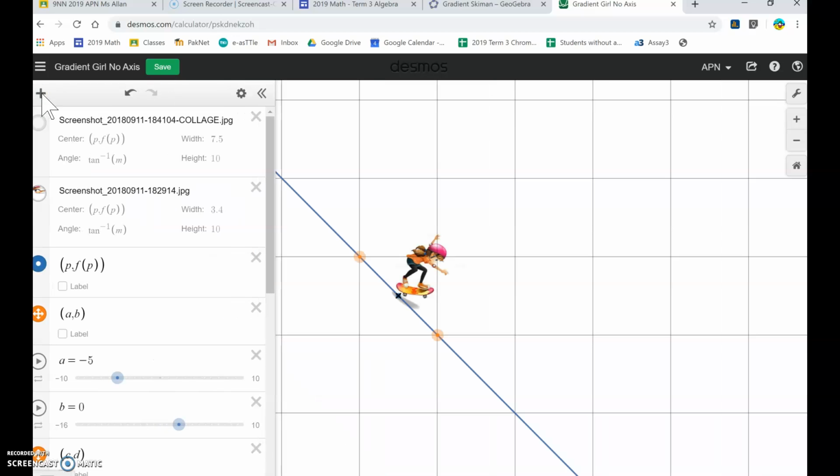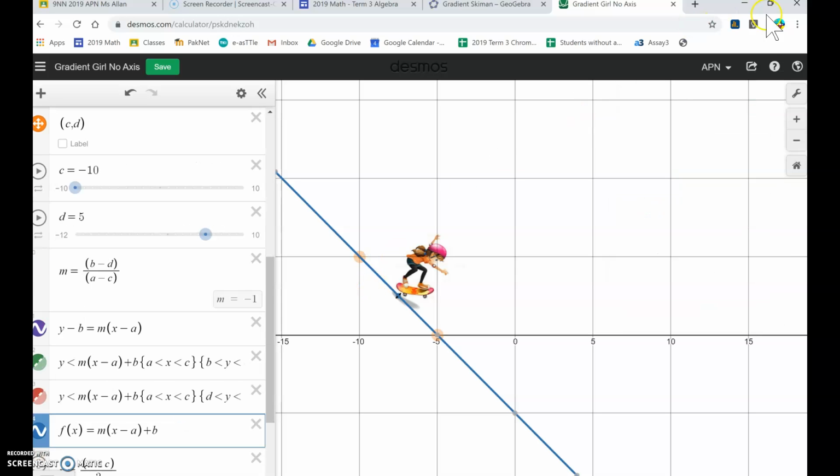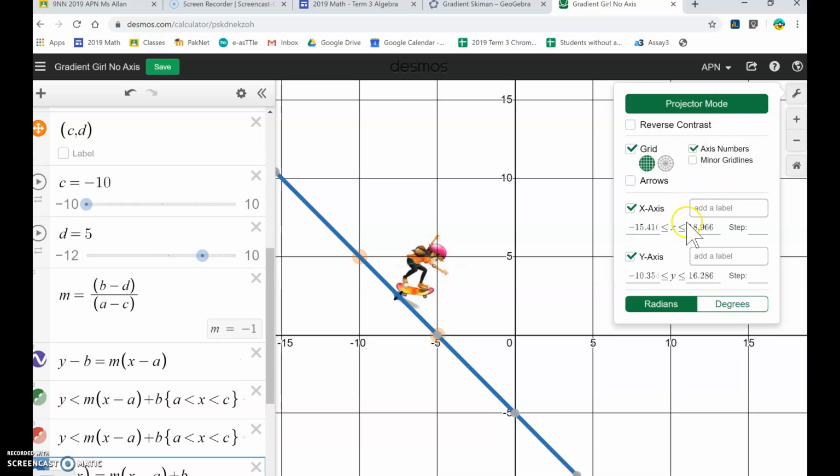Now what we can do here is with settings, we can add the x-axis and the y-axis, and projector mode. We can also make sure that we have a one-to-one relationship there, and that looks fine. So we want to have step 1, step 1. I don't think we need arrows. Okay, so that looks cool.